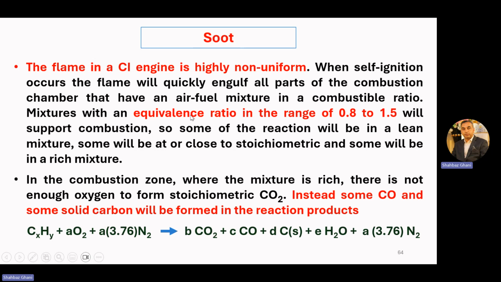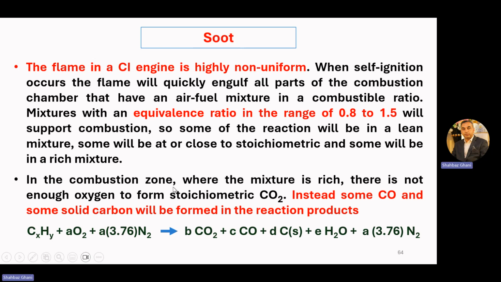Mixtures with an equivalence ratio in the range of 0.8 to 1.5 will support combustion. Some of the reaction will be in a lean mixture, some at or close to stoichiometric, and some in a rich mixture. So it's a heterogeneous mixture.